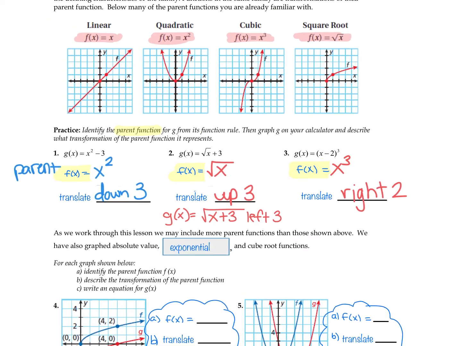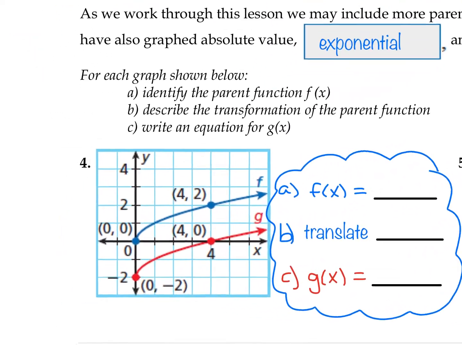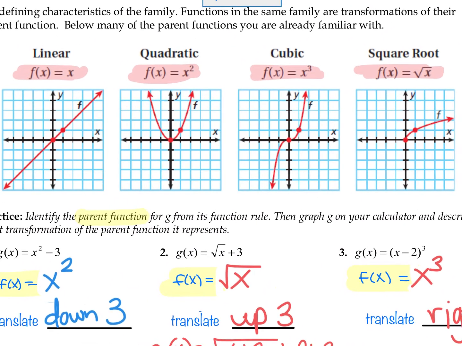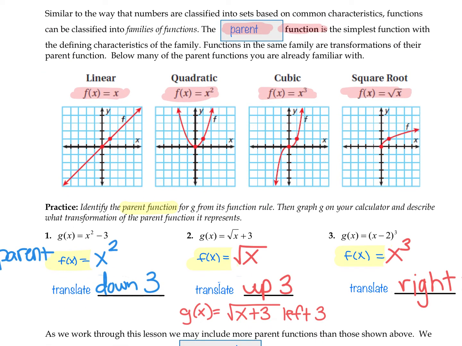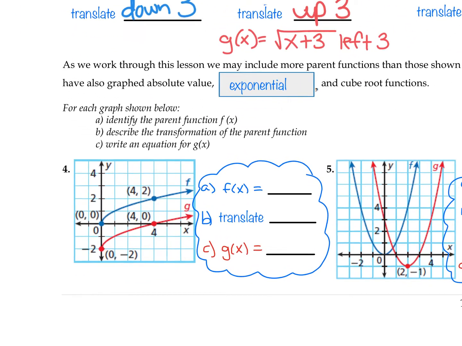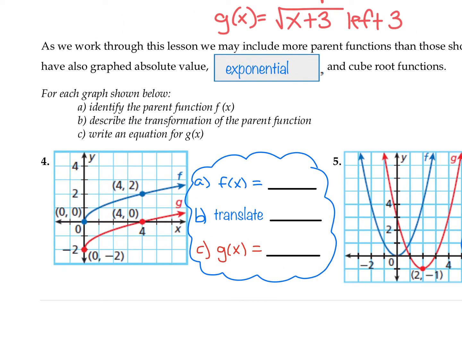So we're going to look at this graph here, look back at our original parent functions, and see which one it looks closest to. It looks like the one that's all the way on the right, the square root function. So then the parent function would be f of x equals the square root of x.